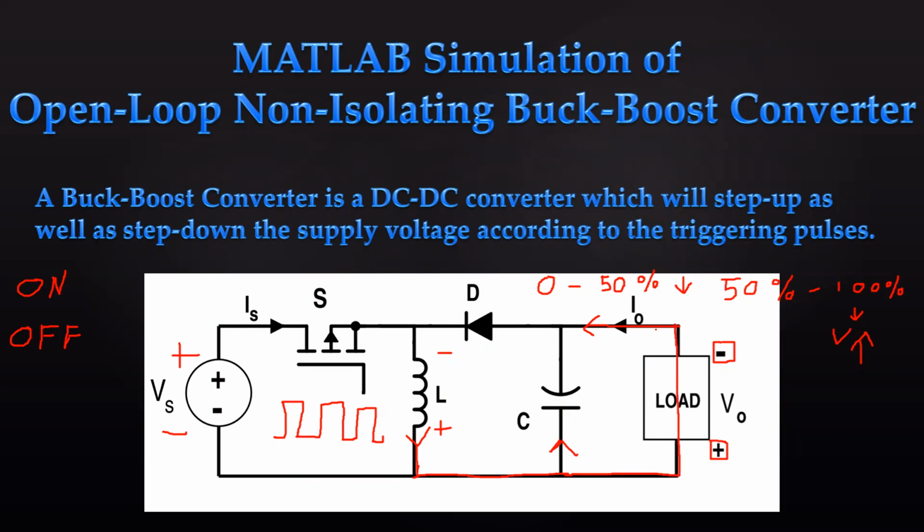It will pass through the load, come back through this diode and be reconnected to the inductor, right? So that's why we are getting opposite polarity, due to the negative direction of the current, right? So if we want to connect something or measure the output on the load side, we are connecting it with negative polarity, right?